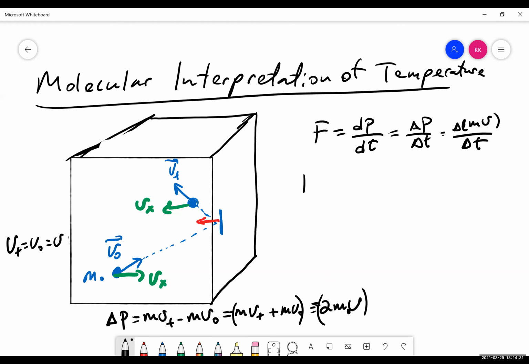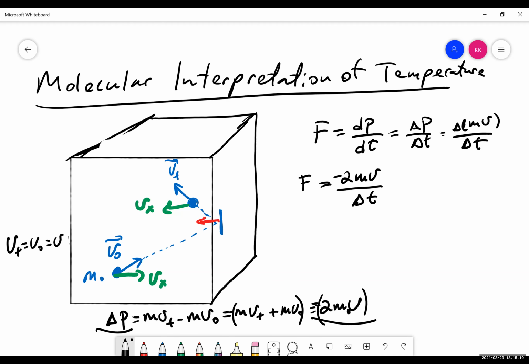That means for the force on the molecule, if I move delta t over here, remember this was the impulse, the product of F times delta t. So when this force is acting, I have 2mv over delta t, taking the change in momentum to be 2mv. I can carry the negative here, indicating there was a change in direction.